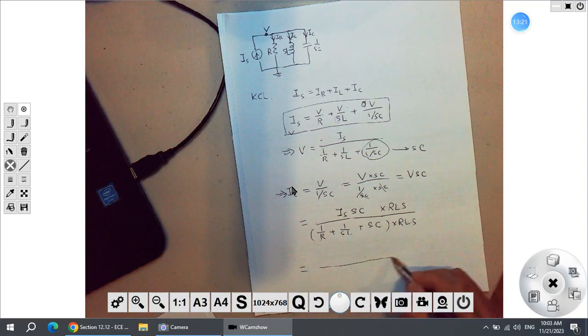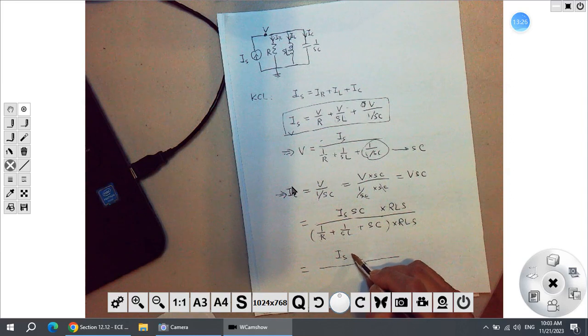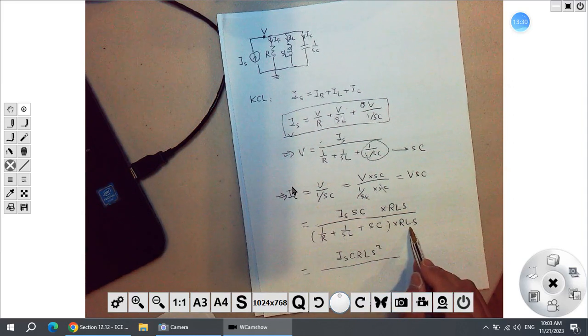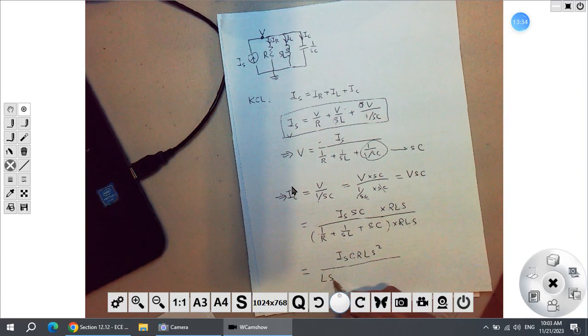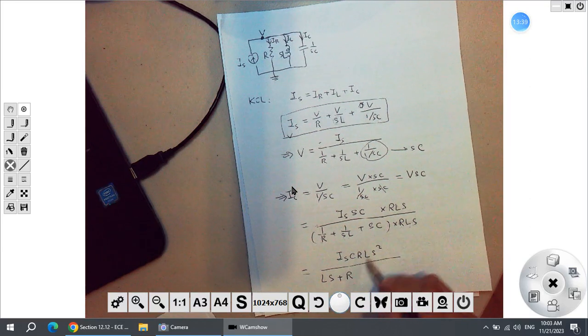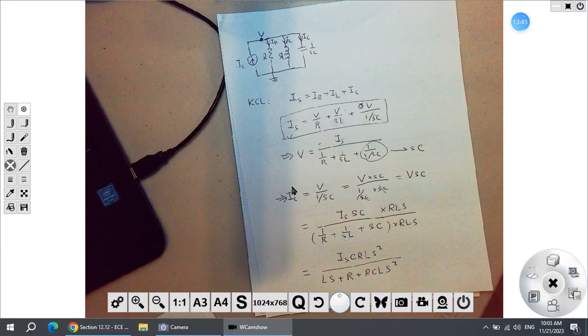So the numerator is IS times CRLS squared. In the denominator, I multiply RLS in this one, I get LS. Here I get R. And this one, I get RCLS squared. Alright, we have IC.